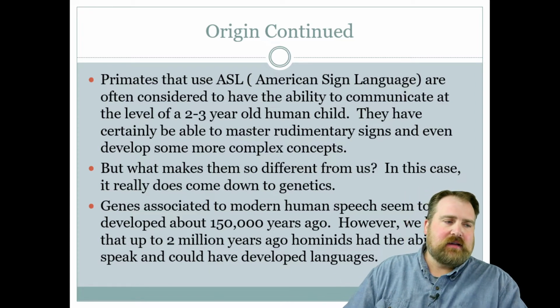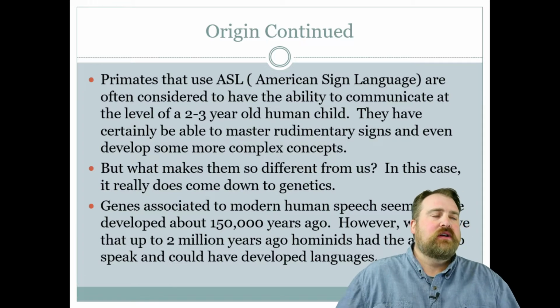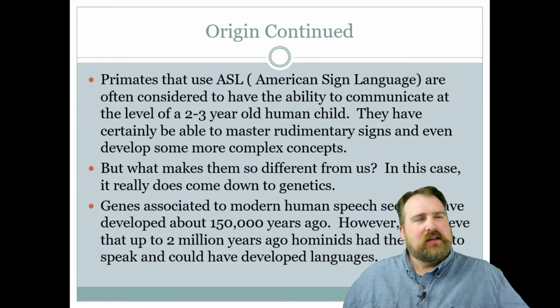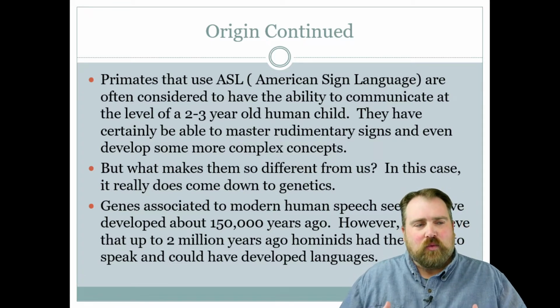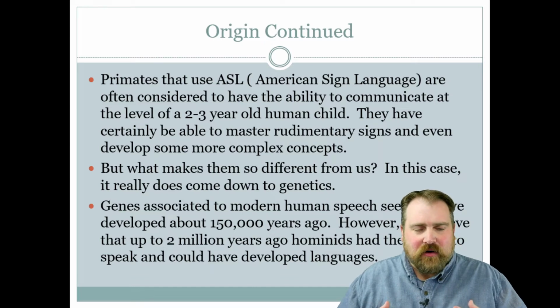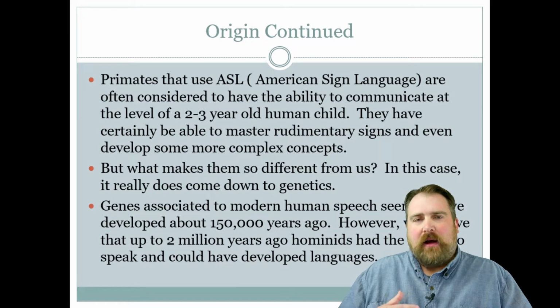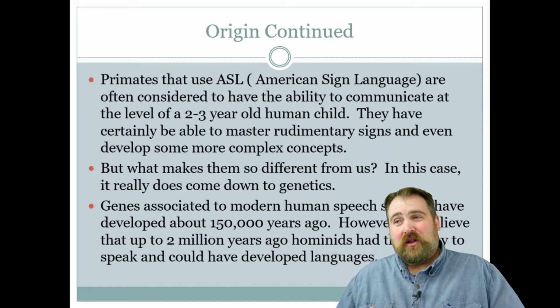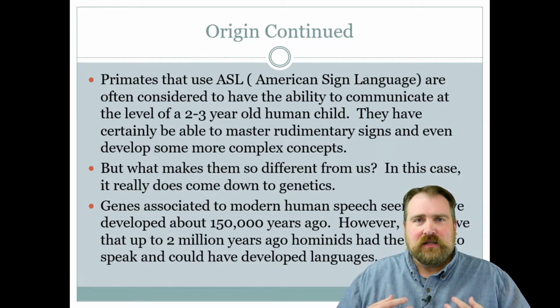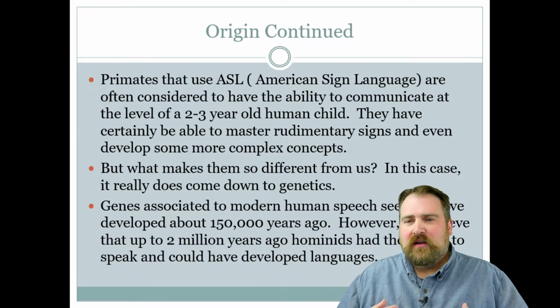If we go back and look at our own genetic history and where we have our origins in speech, we believe that a couple million years ago we had the mechanisms, the actual physical capability of having speech.